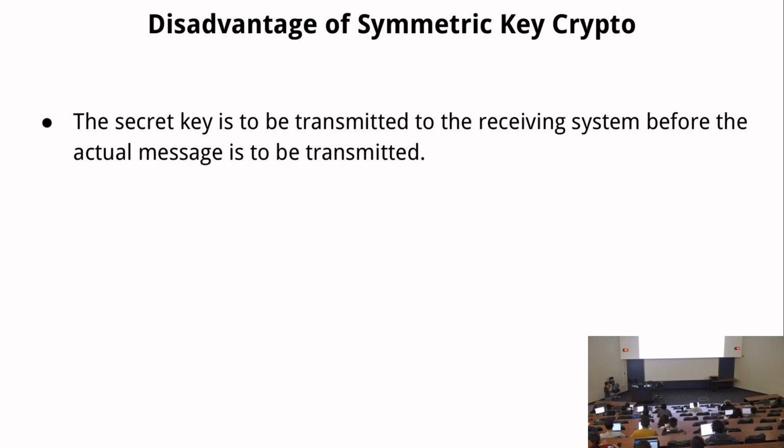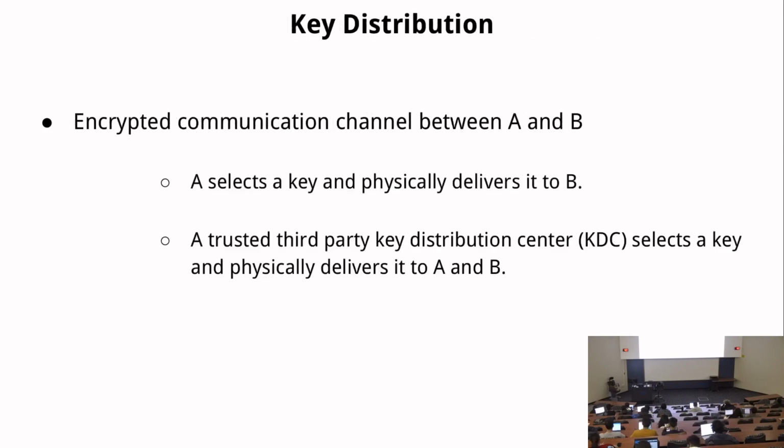That's a big question. So let's assume we have two communicating parties, A and B. You may want to communicate with your friends, or your laptop, your browser wants to communicate with a remote web server. They want to use symmetric crypto to encrypt the message.